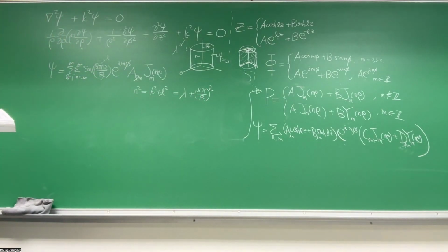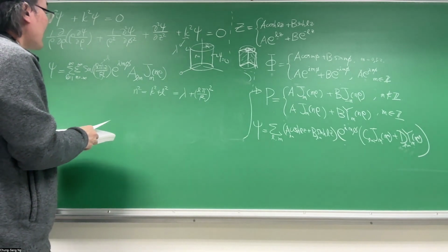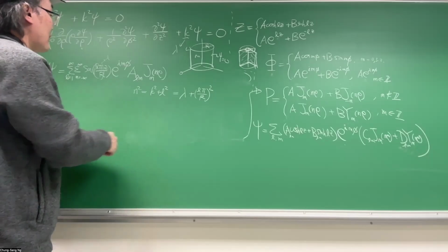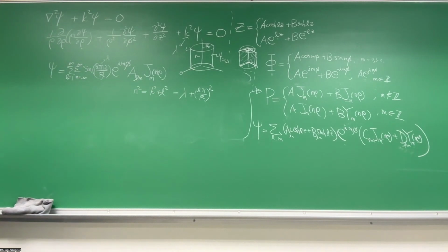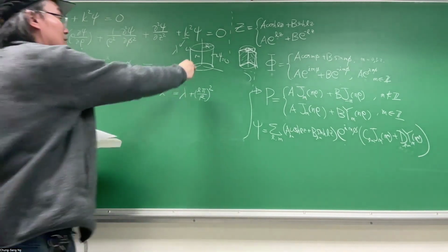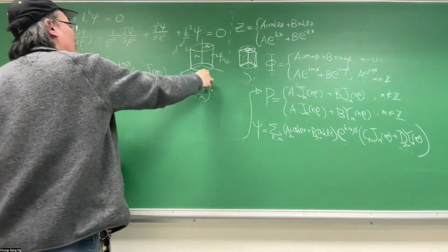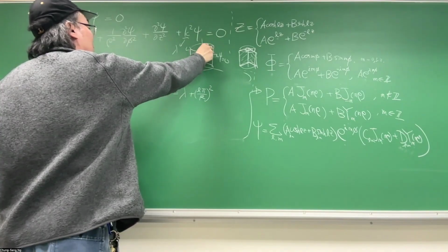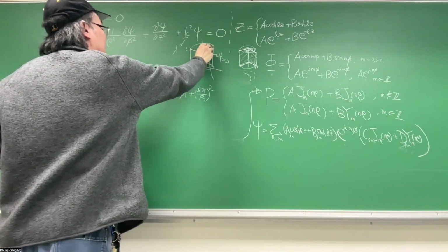Okay, but then we haven't actually chosen the eigenvalue yet. The eigenvalue is chosen such that it satisfies the boundary condition at the surface of the cylinder. So this is at radius rho. This is rho, I mean, this is rho.